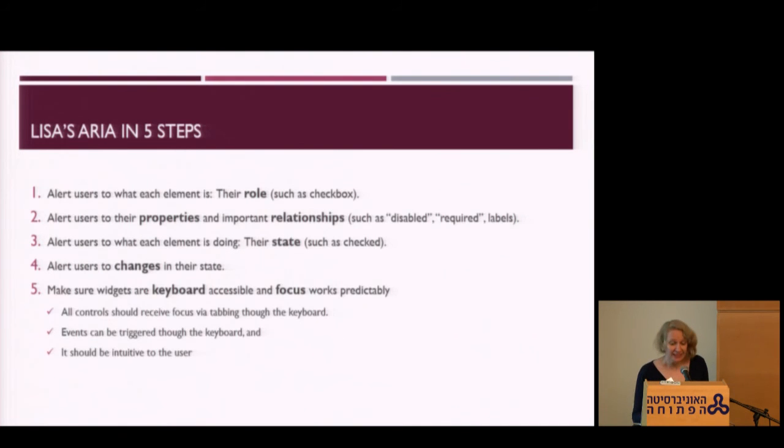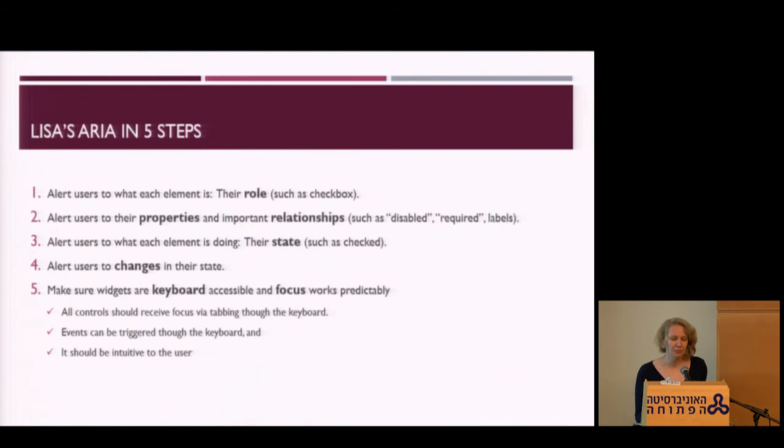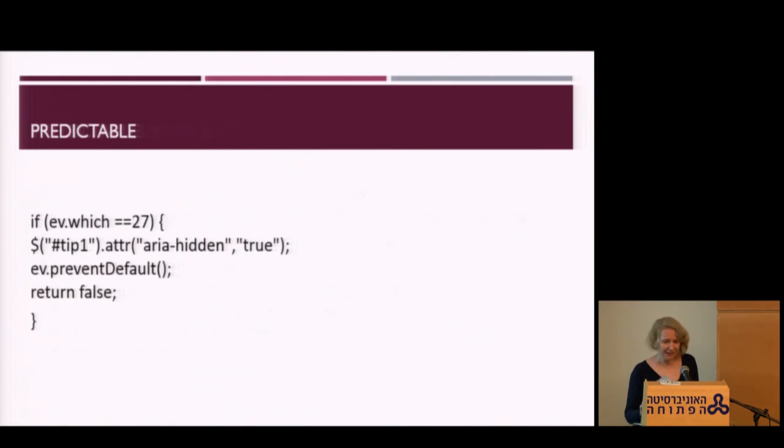And then intuitive. What we would usually do is say, what would you do as users? And you've got a little dialogue open. How would you want to close it, what would you press? Escape. Escape, right. So often with these dialogues, don't close on escape because they're expecting you to click outside the region, and that's what's going to close it. But make sure there's some way of changing it that the user's going to want.